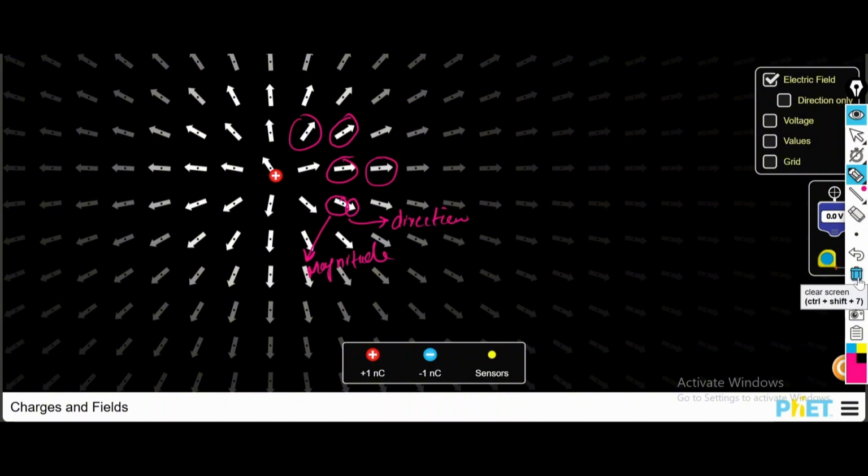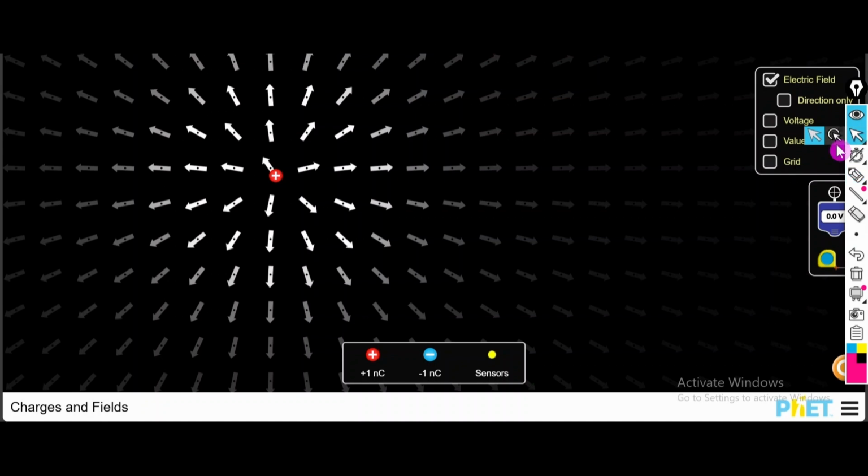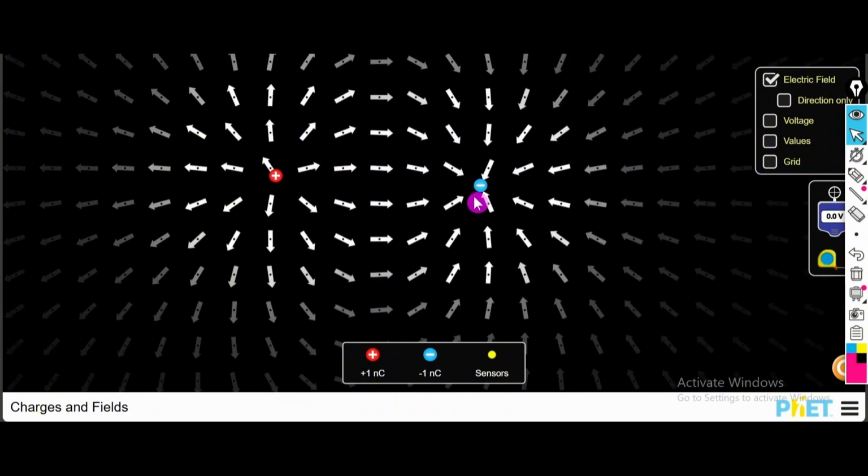Now I am going to rub this, and take the second charge, which is a negative charge. Bring this negative charge here. Now you can see that these vectors are pointing towards this negative charge, while from the positive charge they are moving away.